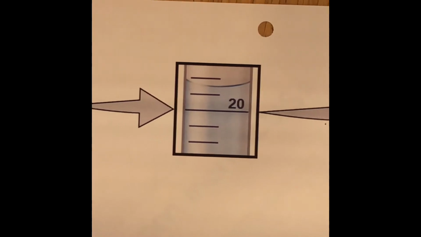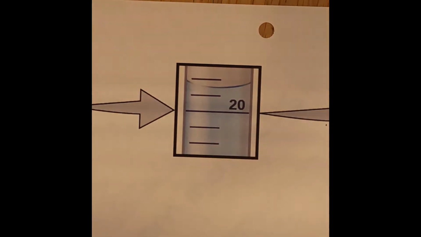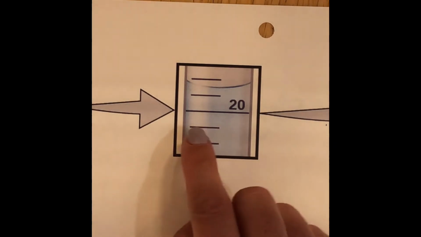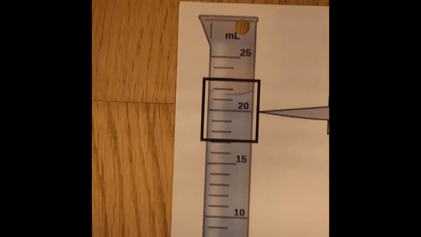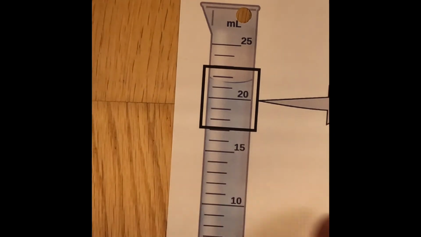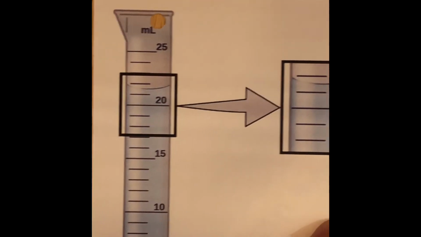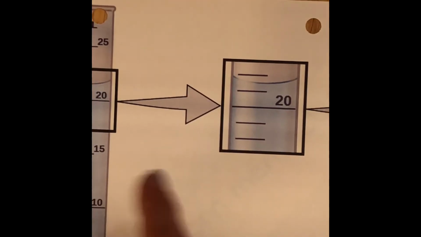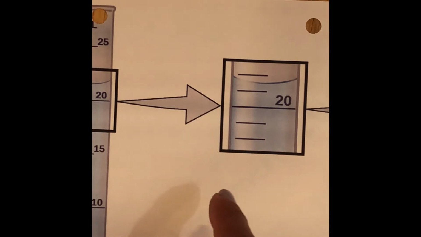Now that we know that, we can take a measurement by taking a reading, and your reading needs to have all the places that you're certain about on the scale, and you get one estimate. So if I know for sure that this goes up in the ones place, then my estimate is going to be in my tenths place. And so that's where I want to take my reading to, the tenths place.